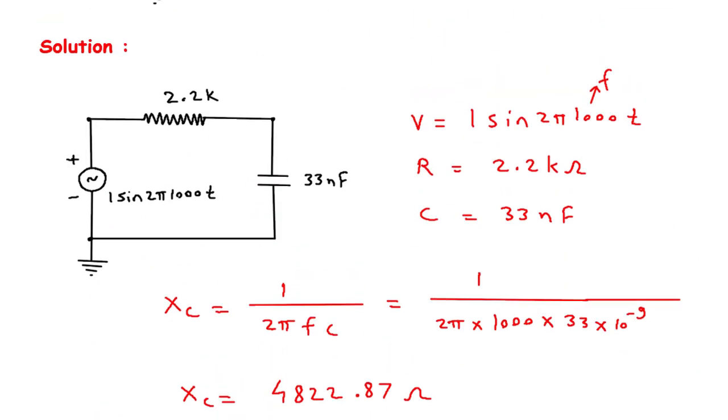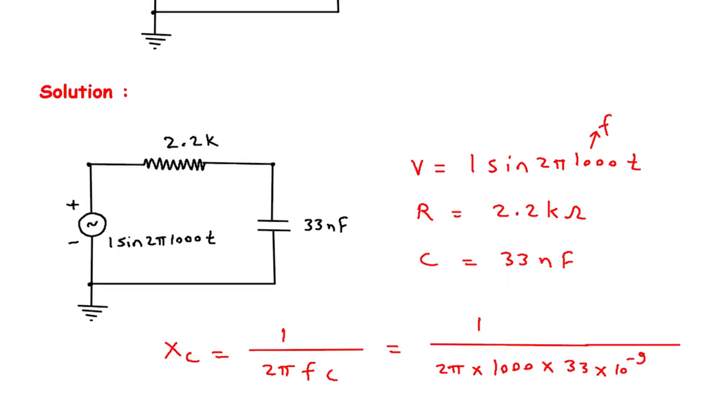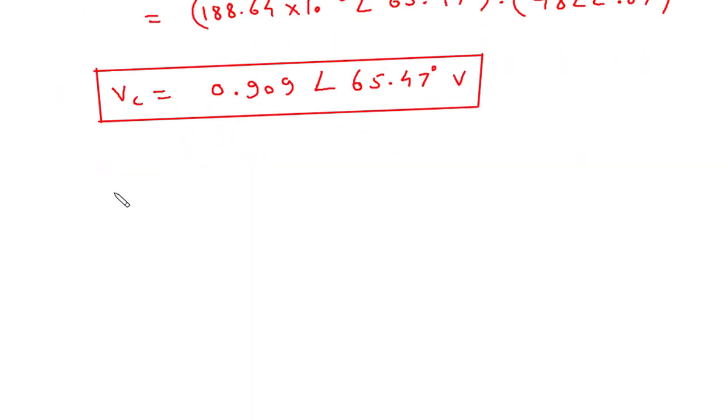Then the voltage across resistor will be VR.